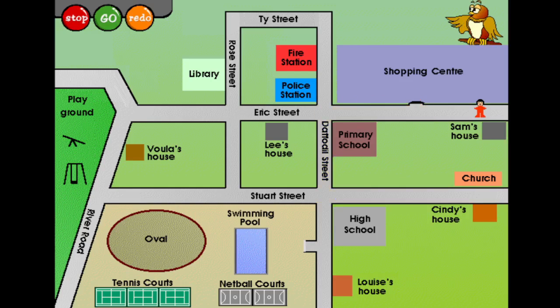Drag the little man along the shortest path from Sam's house to the library. Drag the little man along the shortest path from Louisa's house to the primary school.